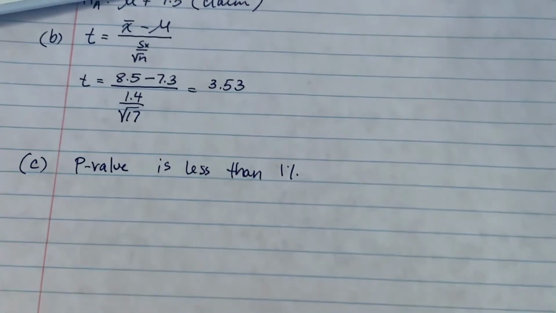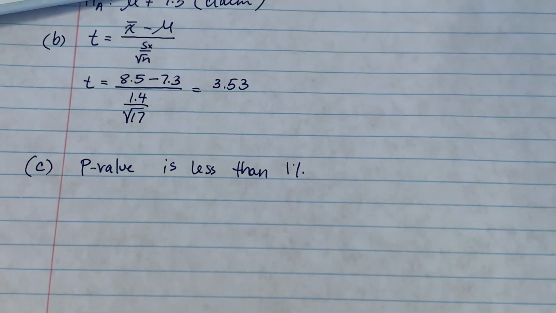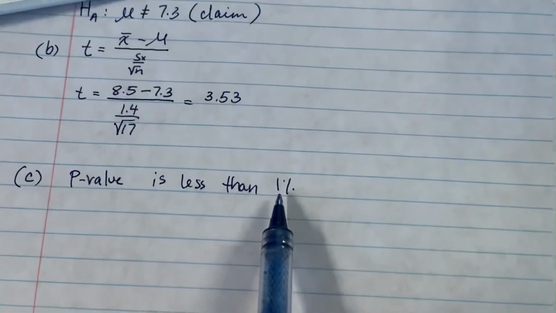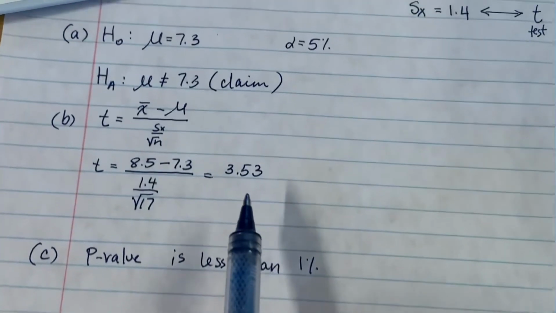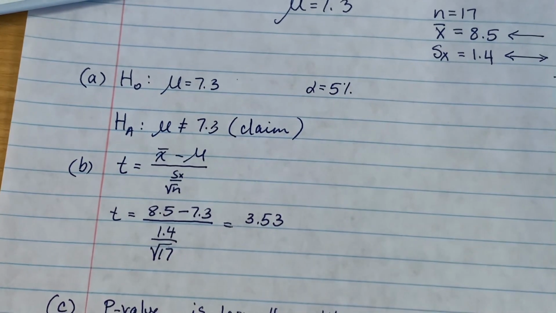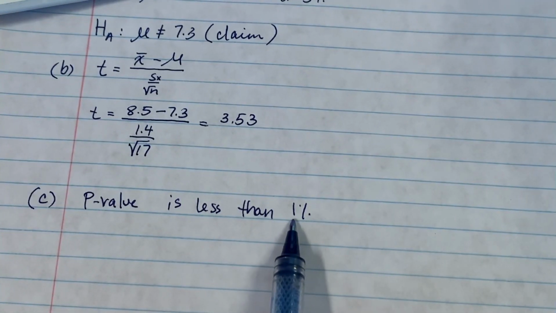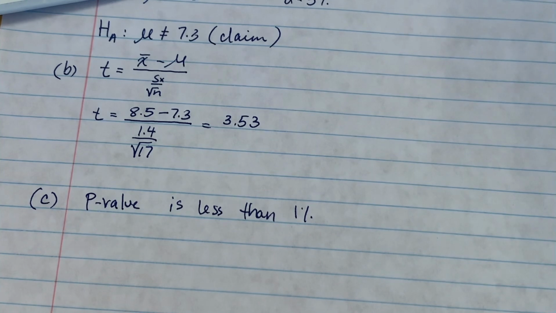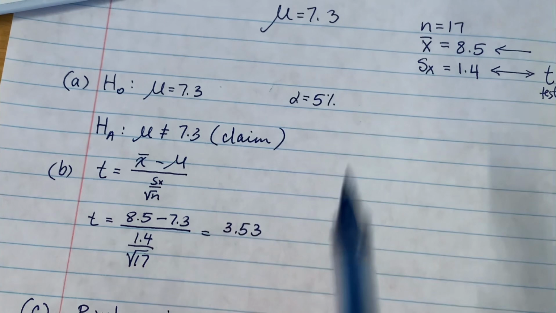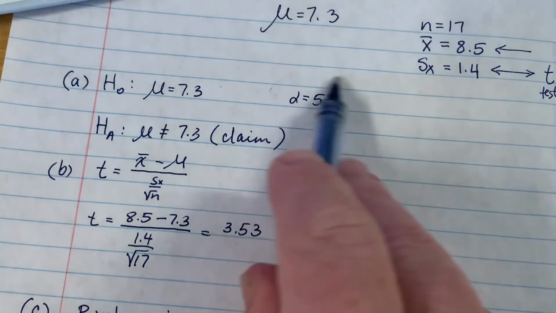Since the probability of such an extreme value is less than 1% for one tail, even if I double it for the two tails of this two-tail test, I get less than 2%, which is less than 5%.